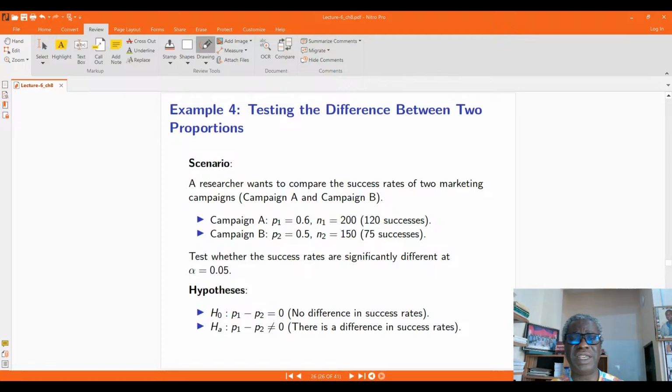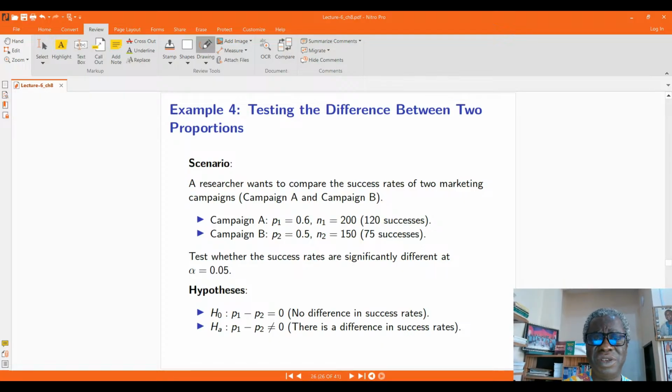So the test level of significance is 0.05. Like I said, you could use 0.01, 0.05, 0.1. So again, the starting point is to formulate the hypothesis.